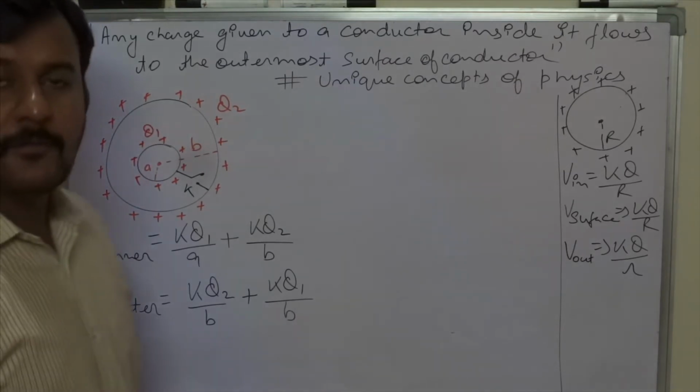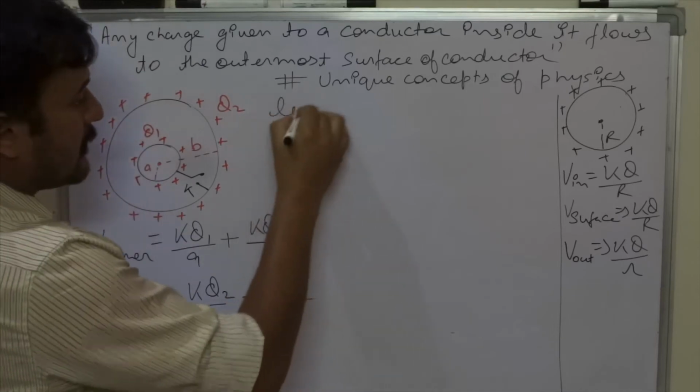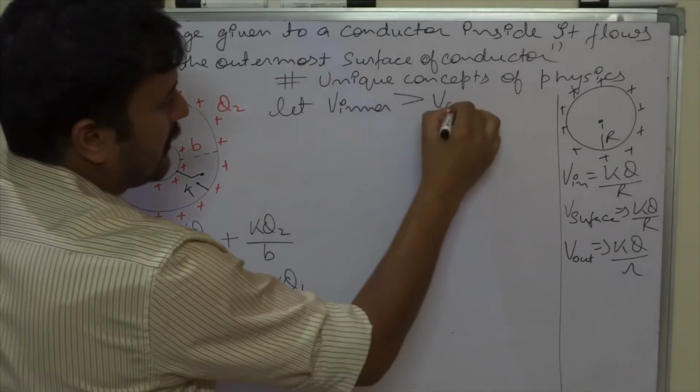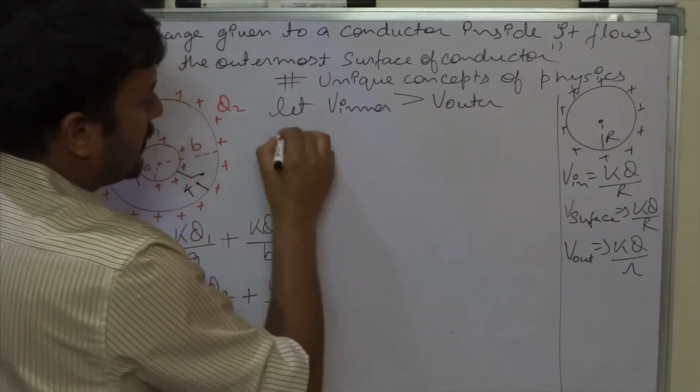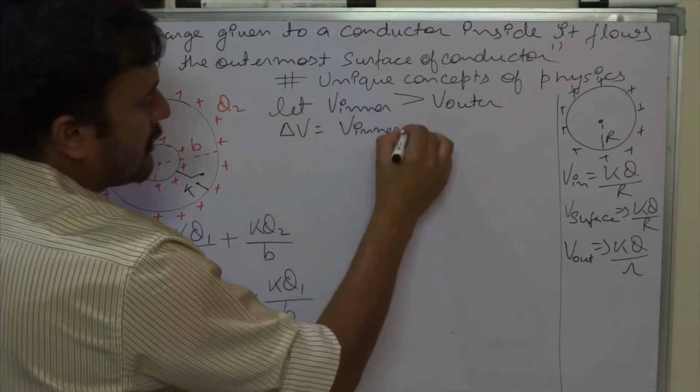Now let us assume that v inner is greater than v outer, and therefore delta v is equal to v inner minus v outer.